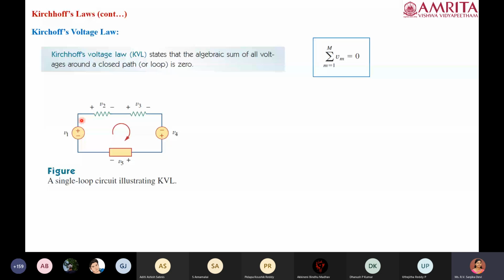For this example, we can write the equation as V1, since we are coming out of the positive terminal. Then for the second element it is minus V2 because we are coming out of the negative terminal. Third element, minus V3. Fourth element, plus V4. And for the fifth element, minus V5. Altogether, this is equal to 0.